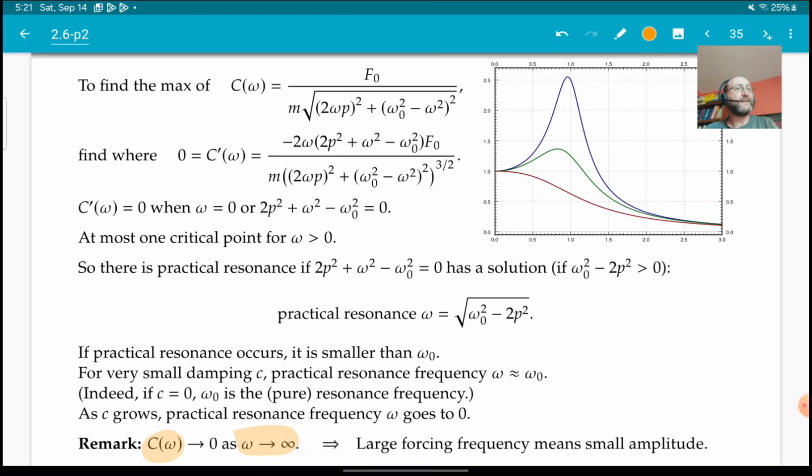So you have to be pushing at just the right frequency to get a large amplitude, and that's the practical resonance frequency. And over here, these graphs just go off to zero, and you can see that from here as omega goes to infinity, both of these terms go to infinity, and so C will go to zero.